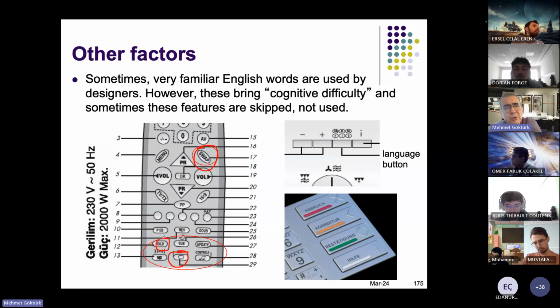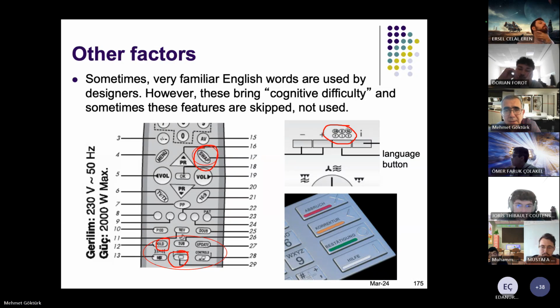This could be universal for young generation, but for many, that is not understandable. So that part of the interface remained unused. In some interfaces, there is language change button, and those are represented with the country codes, which is somewhat standard and understood.